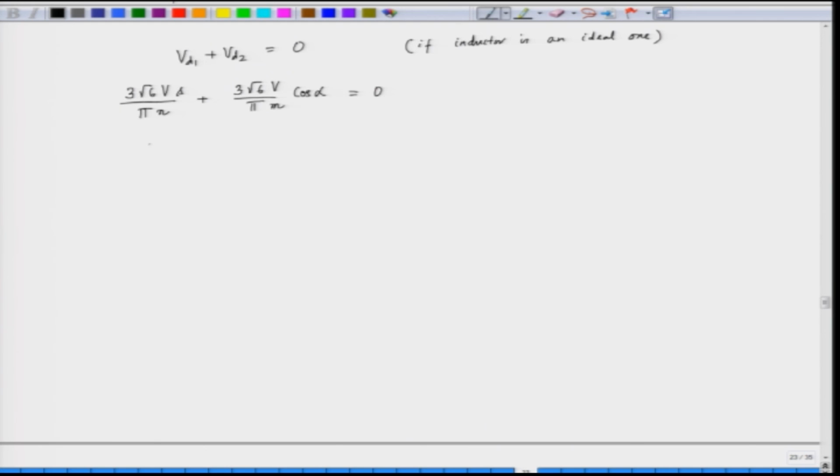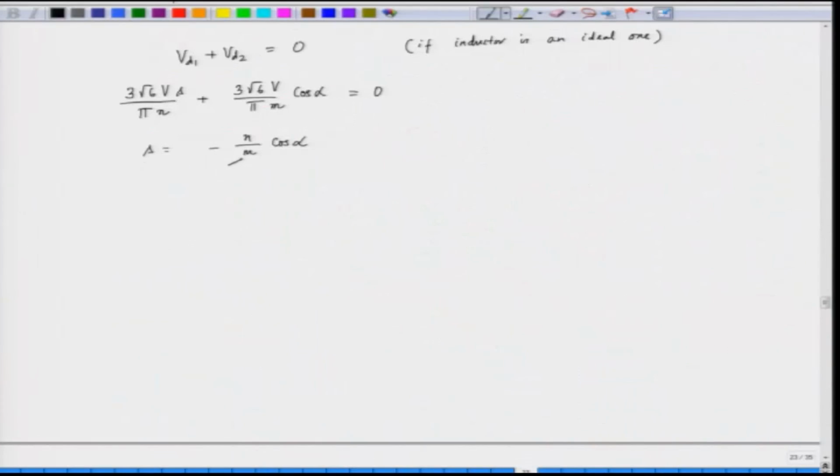Or we can say that S equal to minus N by M into cos alpha. So, S is the slip of the induction motor, given by N by M into cos alpha. Hence, by varying the triggering angle alpha, we can vary the slip of the induction motor.